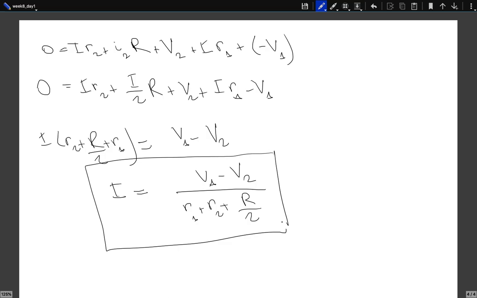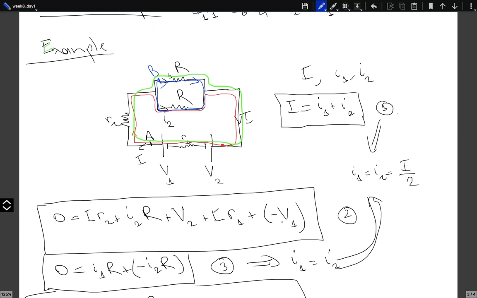In that case, the current will turn out to be negative. But the negative current basically would mean that this I is not running in this direction, but it's just running in the opposite direction. So before using the Kirchhoff's rules, I don't even need to know the directions of the currents. I just assume some direction.